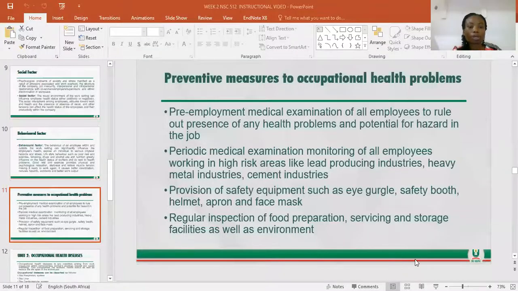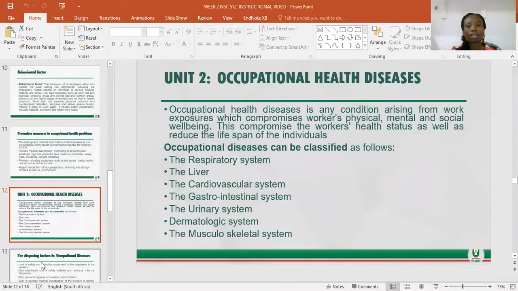What are common diseases that are prevalent to employees? Of course, we know that a disease is any condition that arises from a workplace.